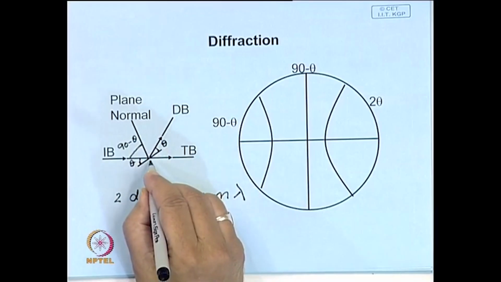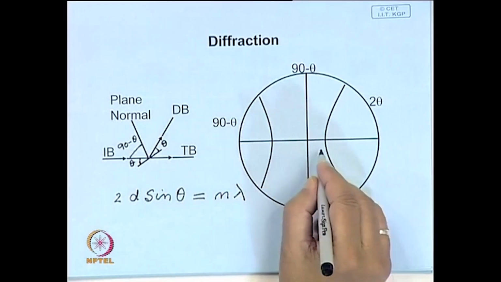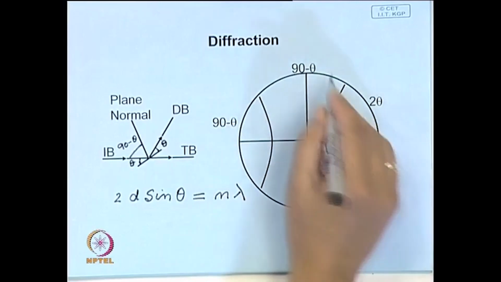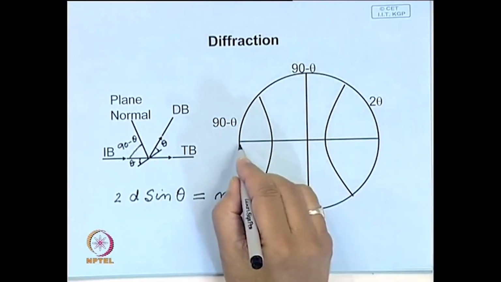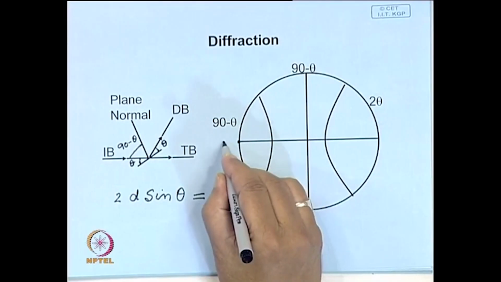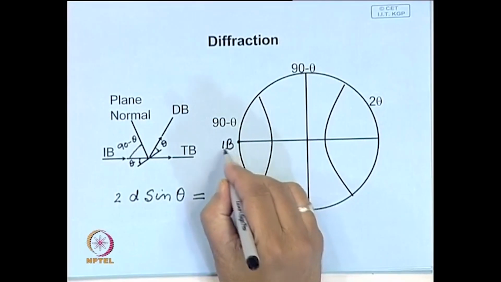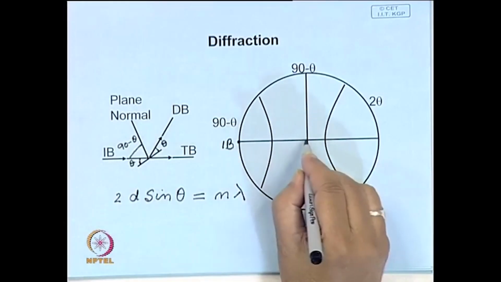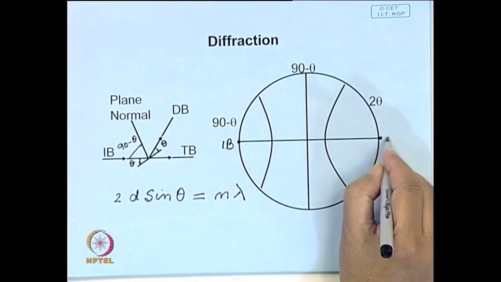So, the same thing you can represent on a stereographic projection. This is the reference sphere, projection of that reference sphere. Let us say this is the incident beam, the transmitted beam is 180 degrees to this. So, basically this is the transmitted beam.